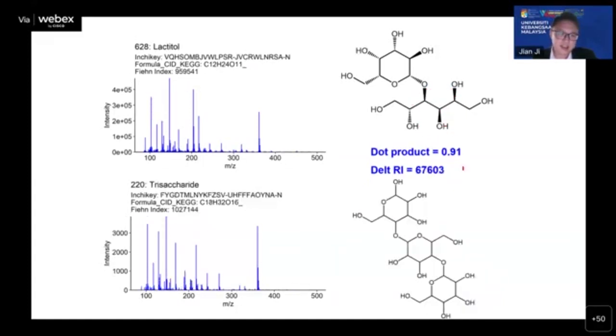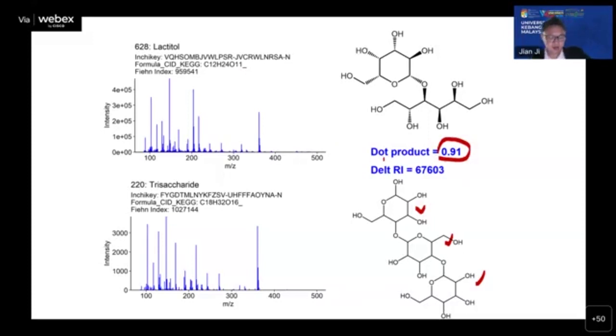The fifth candidate has three different sugar rings combined together. In the structure, we can see that they are not the same. Actually, they are different compounds, but let's see the spectra. The EI spectra can also be matched together with a 0.9 dot product value.